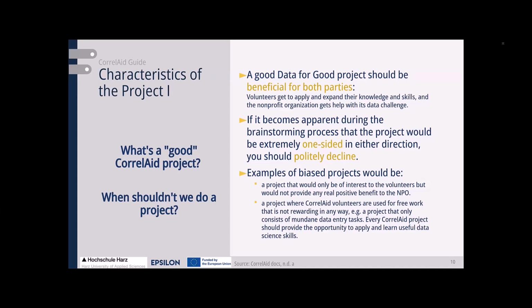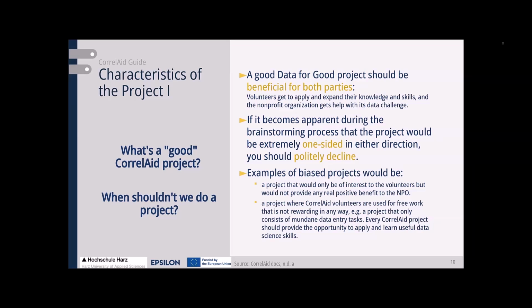Therefore, each project should provide the opportunity to apply and learn useful data science skills. And data science is not a narrow term, so that you should do programming or should work on artificial intelligence. Data science begins with the scoping of a project, with data exploration and feature generation, so to say, to collect innovative data.